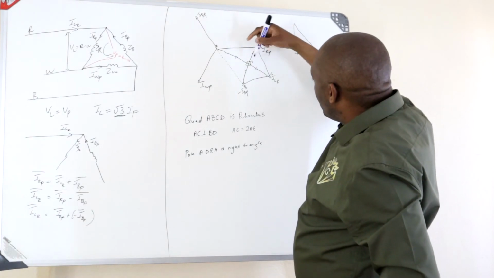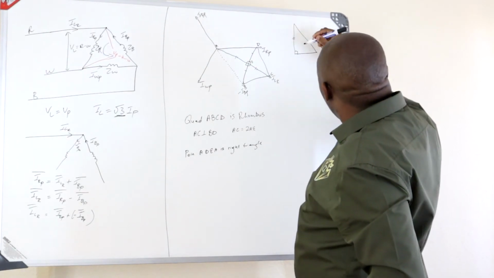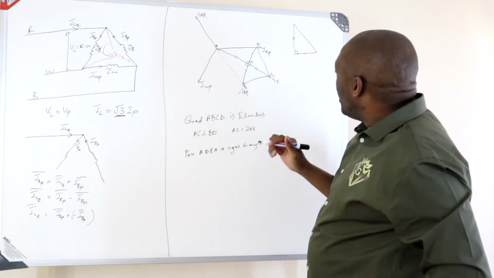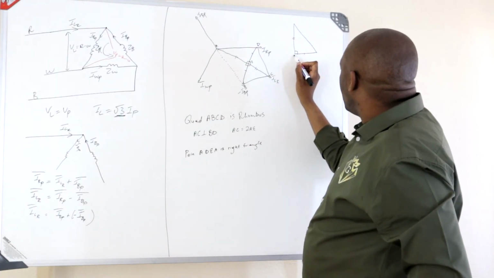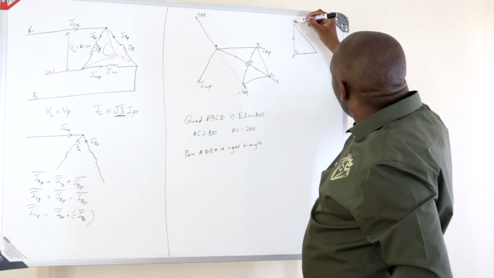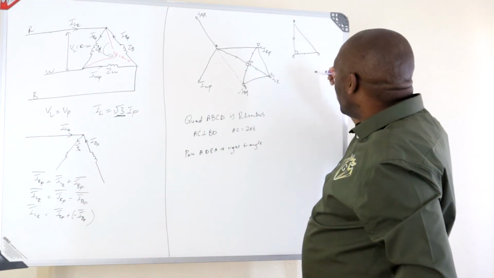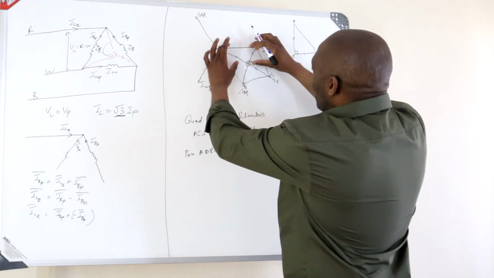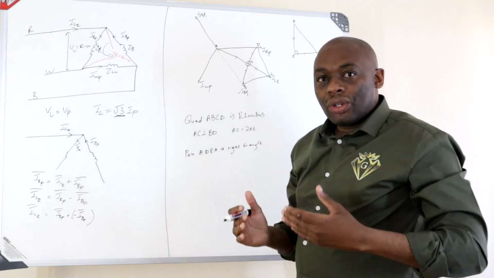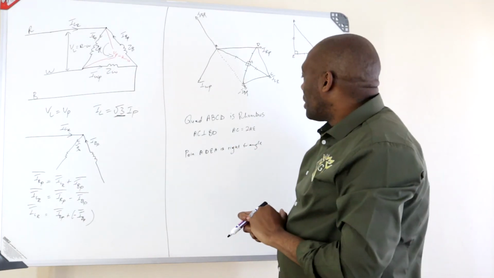Then we have those two lines there, and then we have one line here. And you have your 90 degrees here at point E, that's your point A, that's your point D. So I've taken out this triangle here, put it here so that you can understand the triangle that I'm talking about.